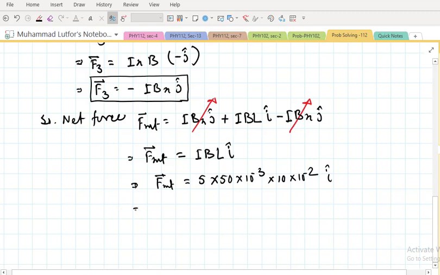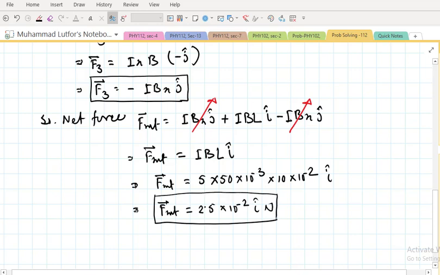Then you will find that the net force on this circuit would be 2.5 into 10 to the minus 2 I hat Newton. So that should be the force onto that wire. This is the answer of this question. Okay, thank you very much.